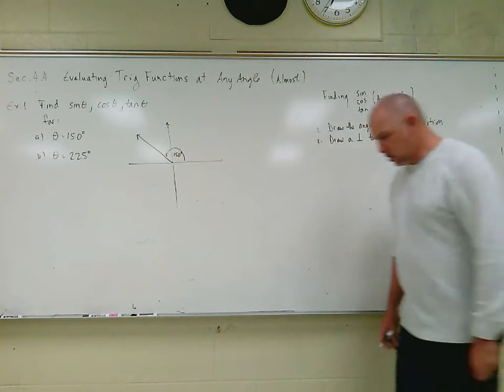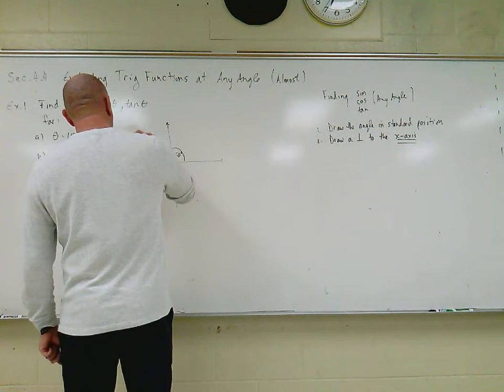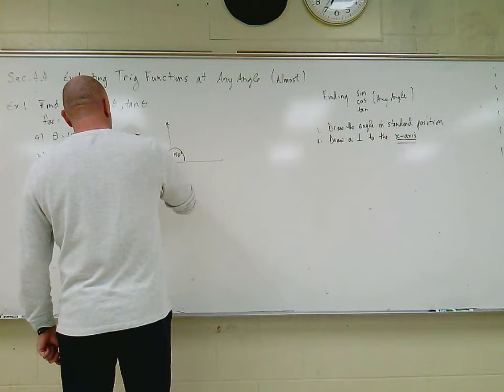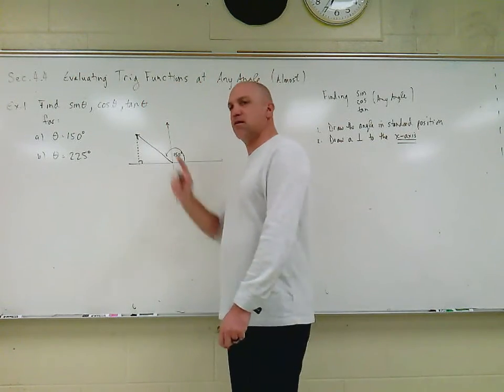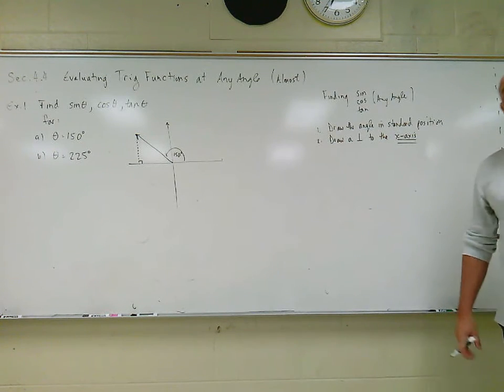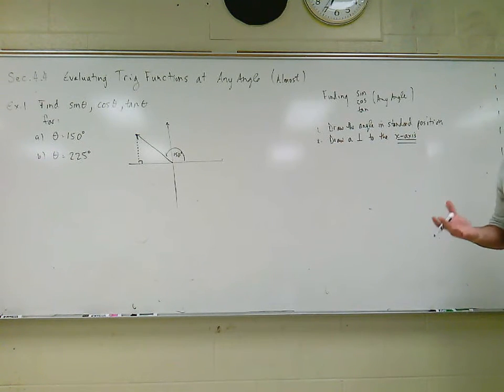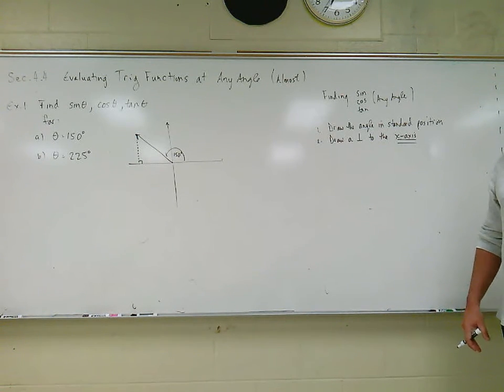Okay, so I'm going to go from here, and I usually just do a dash line. I'm going to draw a vertical line down to the x-axis, which now gives me a right angle, and hopefully the nice right triangle has popped up. It's like those pictures where you're supposed to find a car in it.